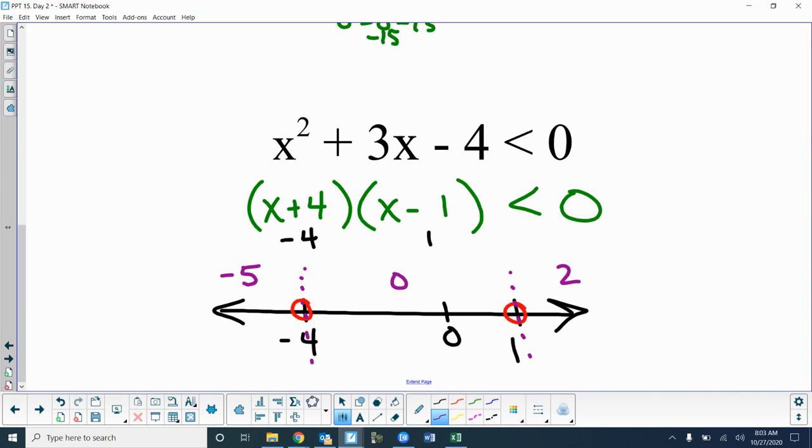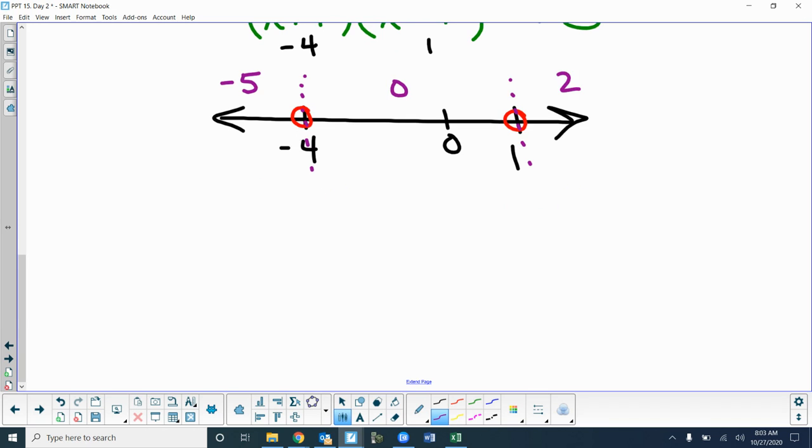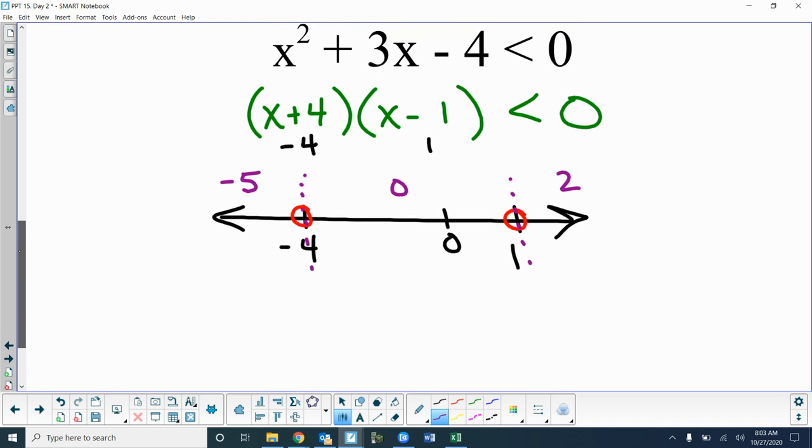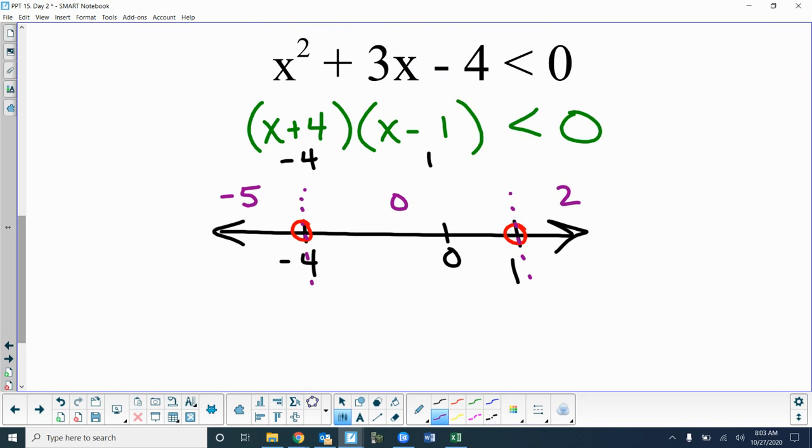And again, as long as it's a number left of -4, it can be any number you want. As long as it's a number right of 1, pick it. I always like to pick 0 if I can, just because it's easy to plug in. But you could pick -1 if you want, or -2, or -3. I usually use whole numbers too, unless I got fractions going on somewhere where I have to do that.